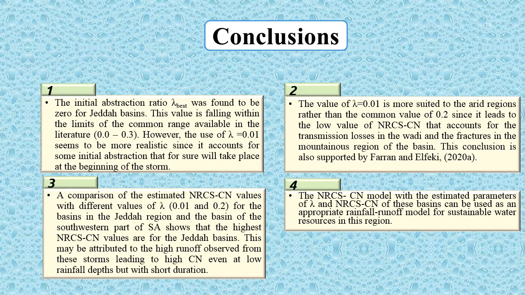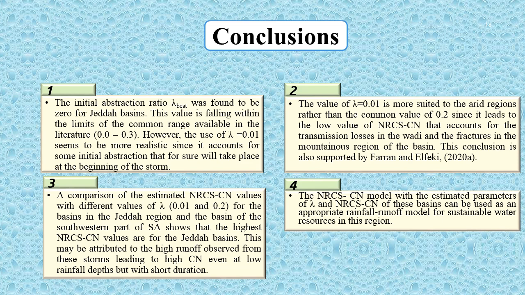The third conclusion is a comparison of estimated Cn with different lambda, 0.01 and 0.2, between the Jeddah region and the southwestern part region. It showed that the Jeddah basin has higher Cn values than the southwestern part.